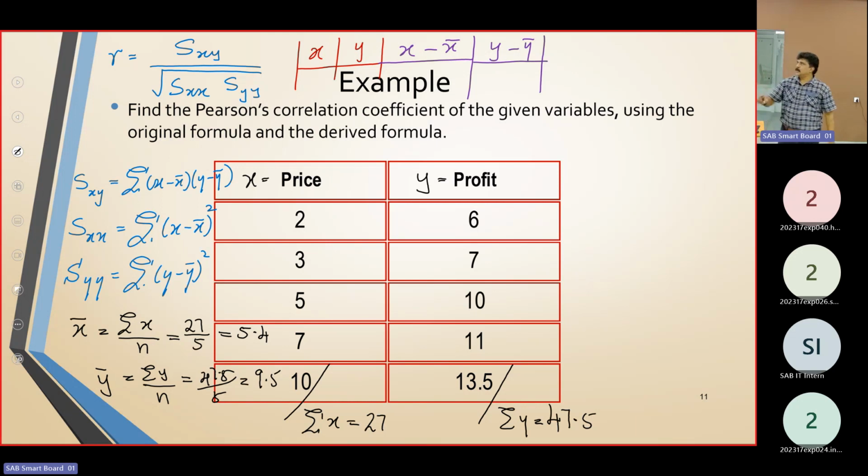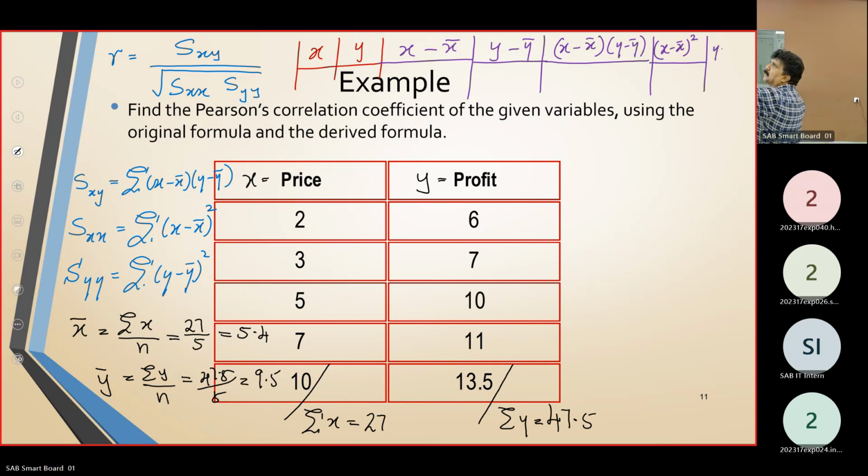If we have those two, then this product we can develop: X minus X bar times Y minus Y bar. Then we need X minus X bar squared, that also can be developed. And Y minus Y bar squared.